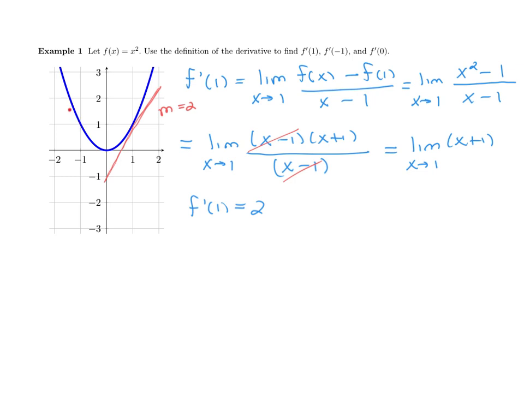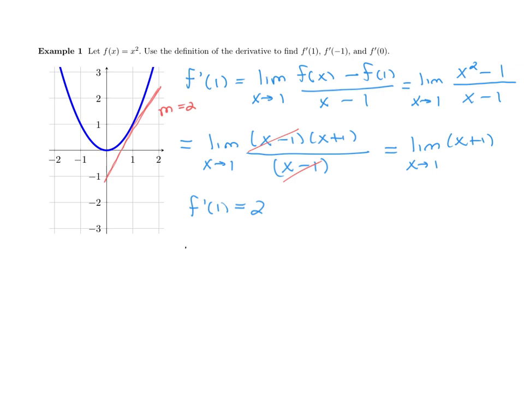What about at -1? This graph is symmetric over the y-axis. I'm guessing the slope at -1 will be the negative of the slope here, meaning since this slope was positive 2, I'm thinking this slope will be -2. Let's try it.